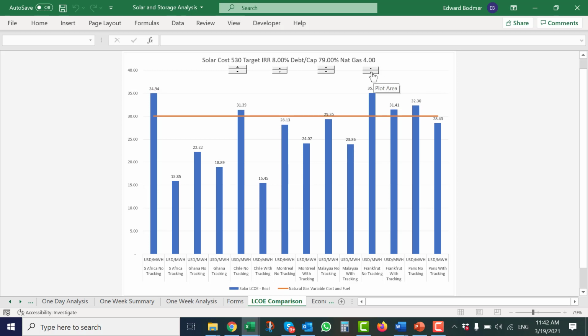If the gas price is only 3 USD, then we can't beat the gas price with a heat rate that brings the cost of natural gas to 3 times 6.5, divided by 10, whatever. 6.5 is a heat rate, the conversion of gas to electricity, plus some variable costs. And I put all of those in.